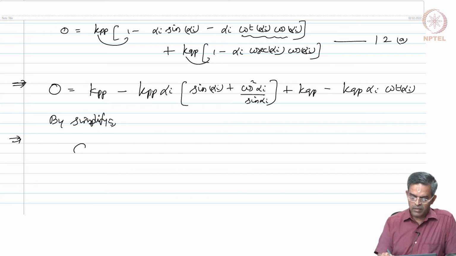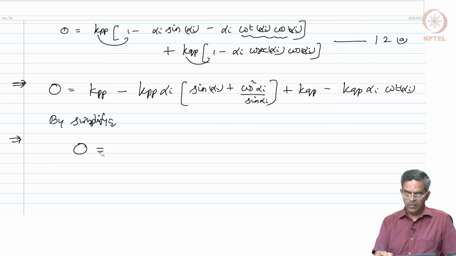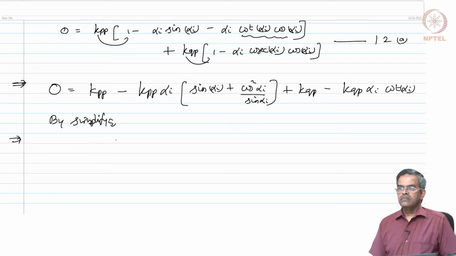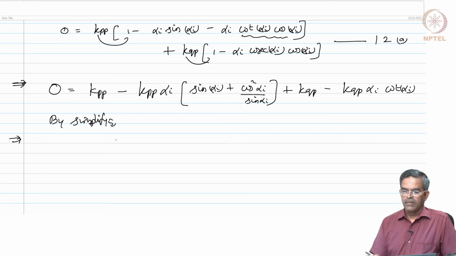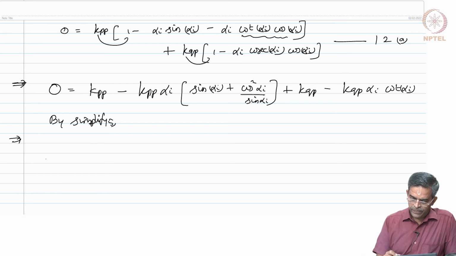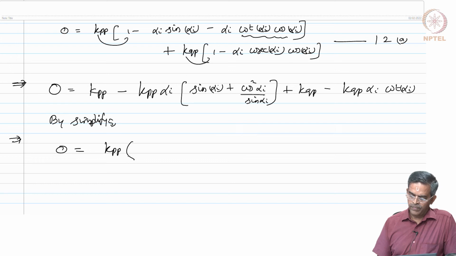So, by simplifying, this equation becomes 0 equals KPP times 1 minus alpha I times 1 by sin alpha I. Can you say that?